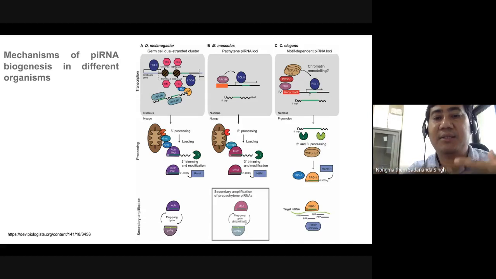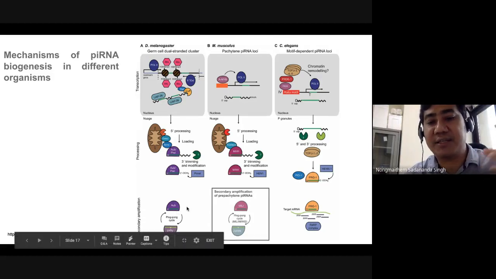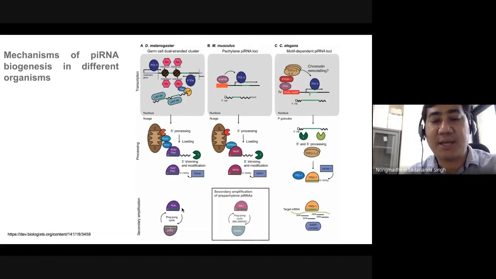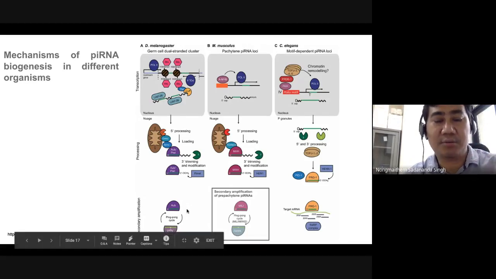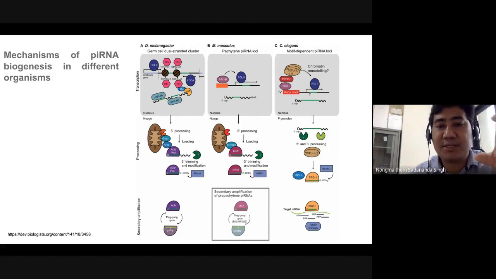So it helps in the processing of the primary piRNA into the mature piRNA complex. That is the belief, but it is not shown very directly how it is processed. But it is seen that if you delete or mutate AGO3, there is a downregulation in the maturation of the piRNA complex.